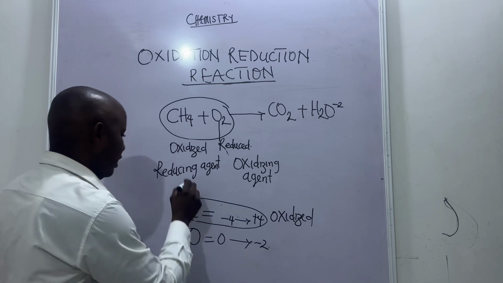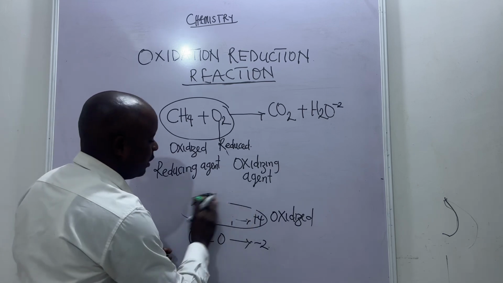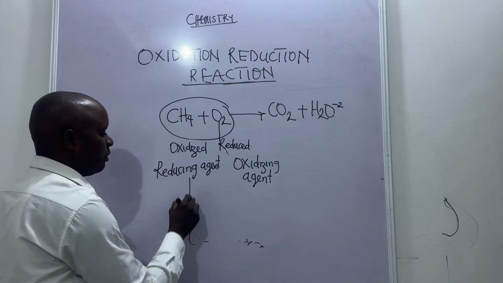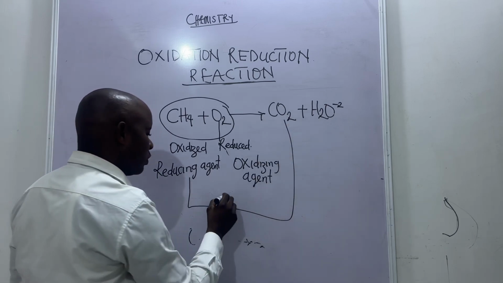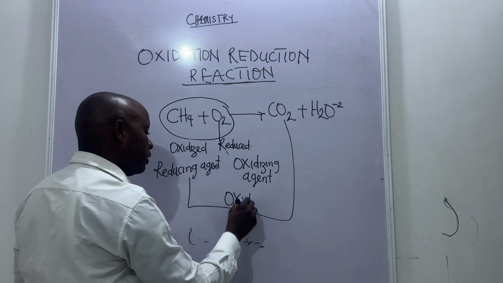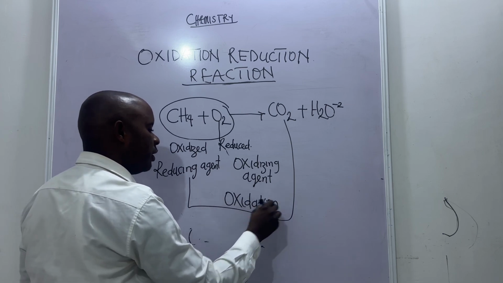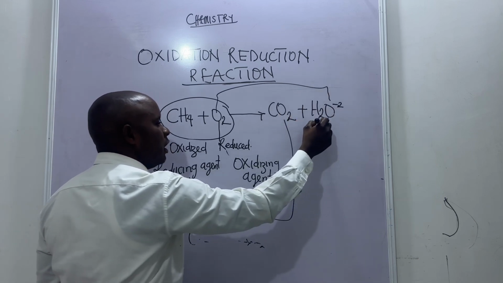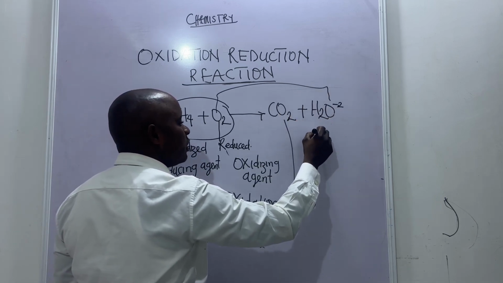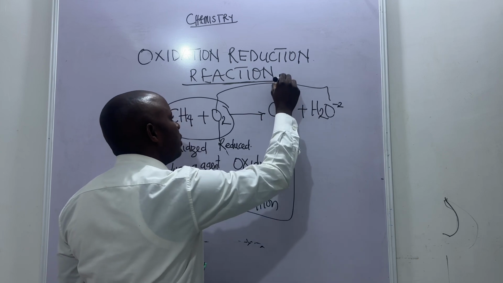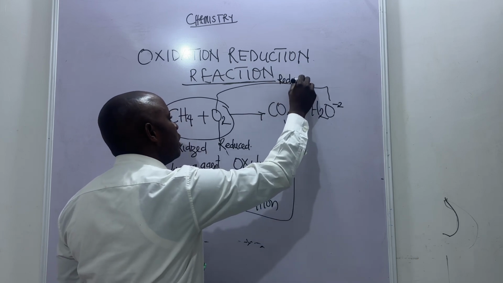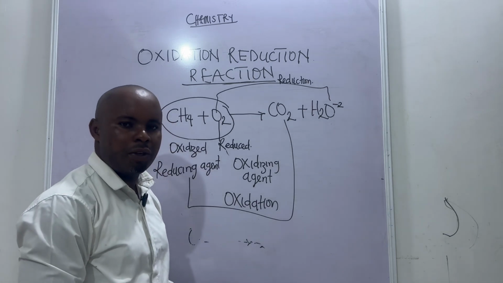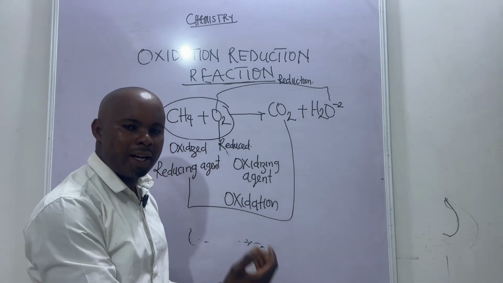So by so doing, from this given equation, from this to this, we say it undergoes what is known as an oxidation reaction, loss of electron. While from this to this, we can say it undergoes what is known as a reduction reaction. So from our previous lesson on electrolysis, we said in a reduction reaction, these atoms acquire electron.